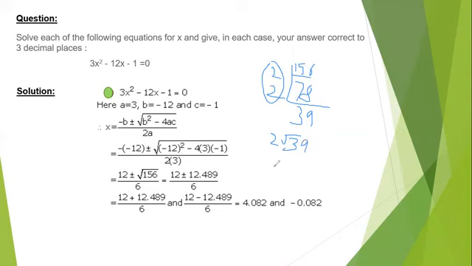Now see the value of root 39 from the table and multiply it by 2. Remember, the value of root 39 should be seen up to 3 decimal places and then multiplied by 2. The value of root 39 is 6.245.